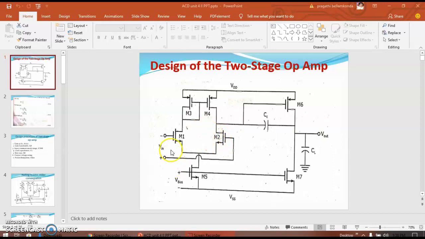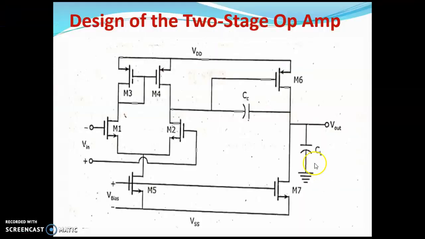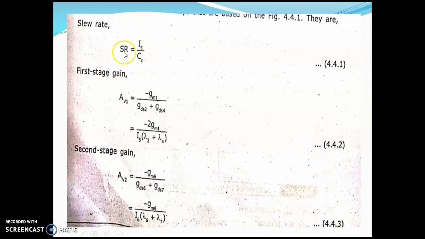Here you can see the slew rate of this circuit. Just write down the slew rate for this two-stage op-amp, and this is the gain for the first stage and this is the gain for the second stage.